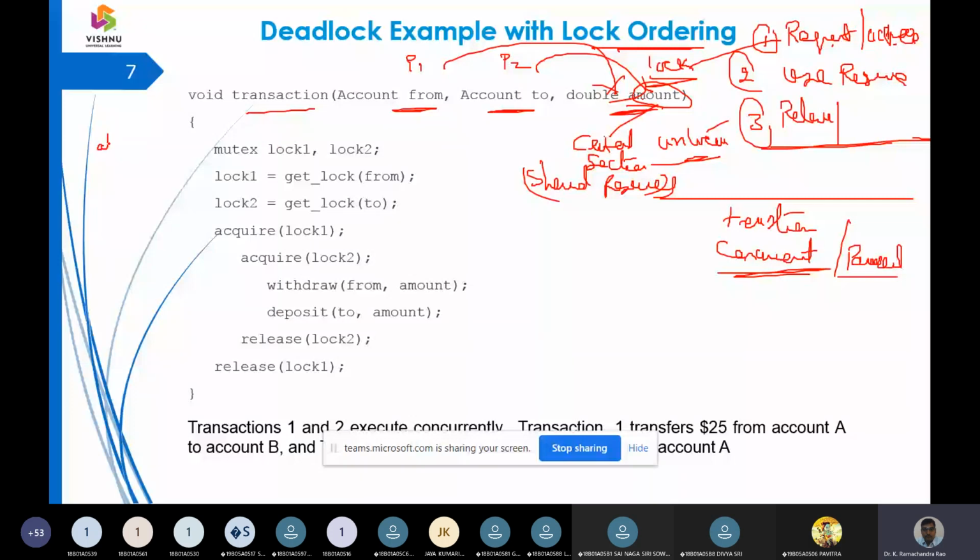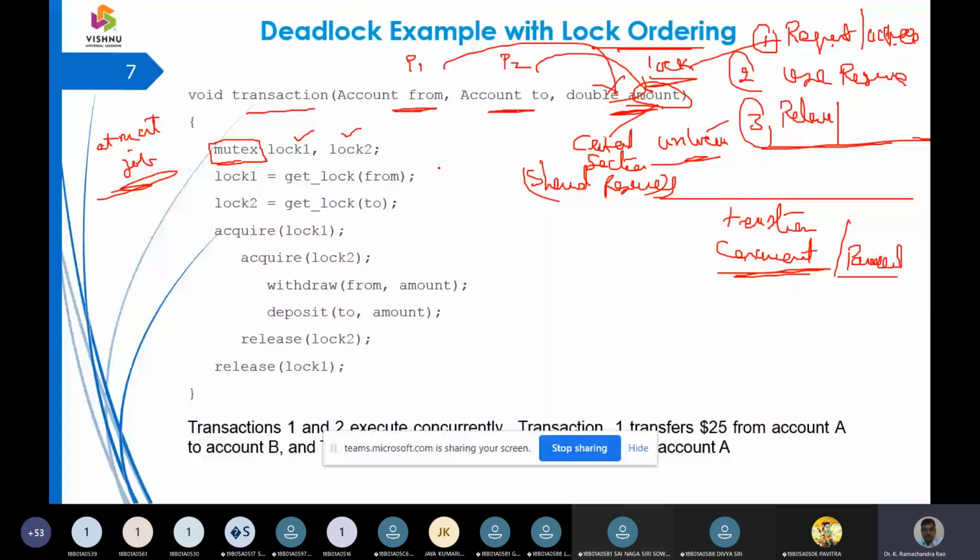To make at most one job at a time, it is implemented with mutual exclusion. Mutual exclusion is done with two primitive variables. The first primitive variable we call lock1, the second we call lock2. So acquiring a lock, you can see the get operation.